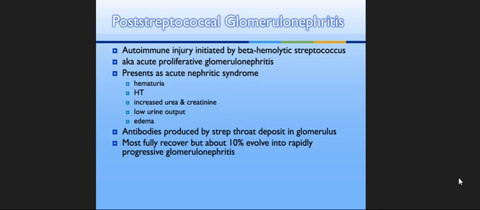But remember, there is about 10% who evolve into what's called rapidly progressive glomerulonephritis, which holds a poor prognosis. So not all post-strep patients are in a safe situation, only 90%, but 10% may go to chronicity and develop what's called rapidly progressive GN.